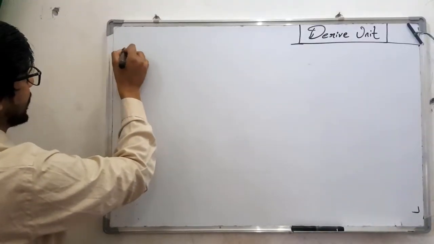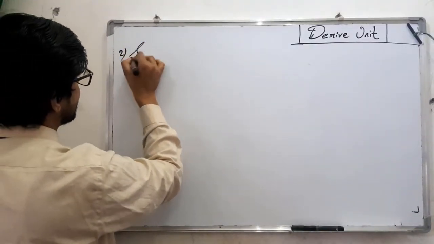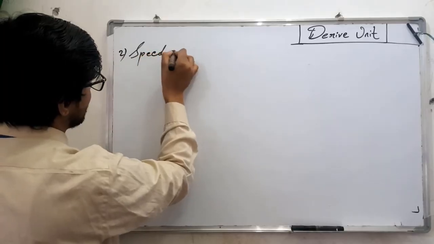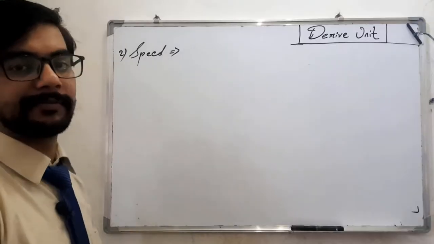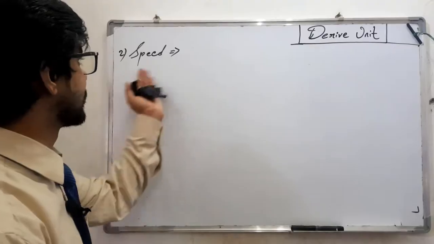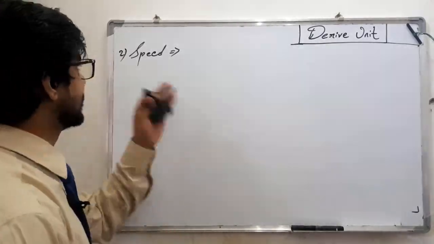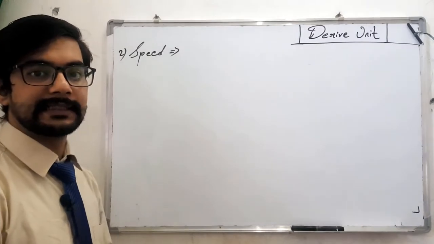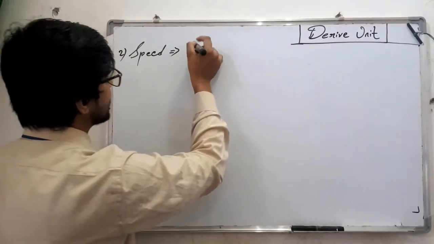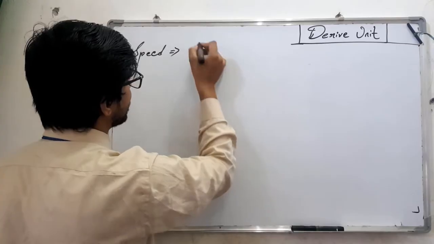Let's see the next example, speed. Remember the formula of speed. If you know the definition also, you can just convert it into the formula. Speed is the rate of change of distance, that we can write as total distance by time taken.